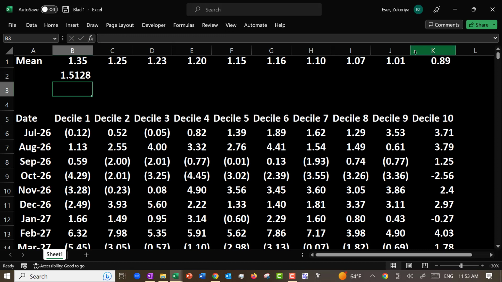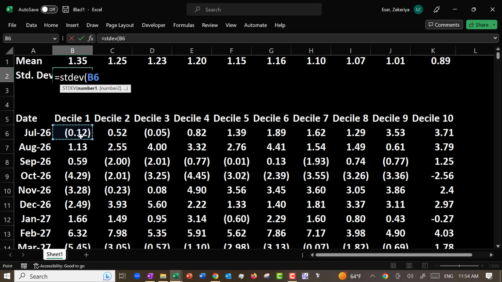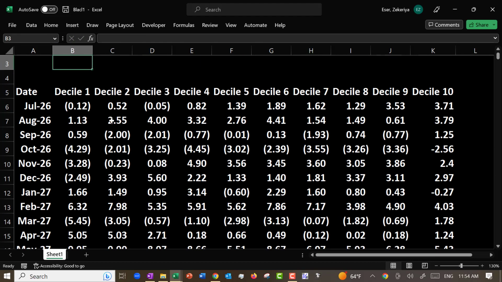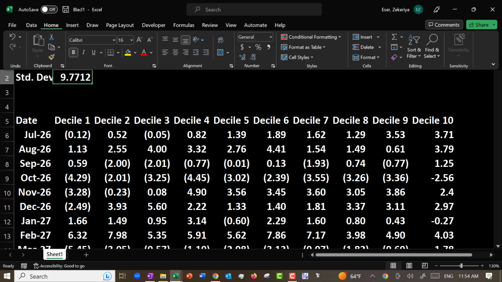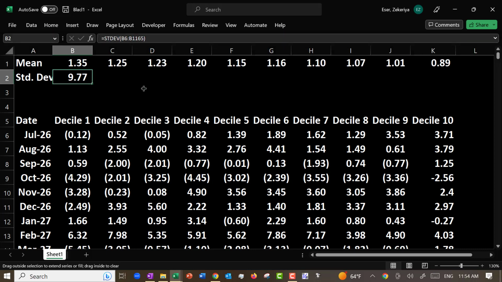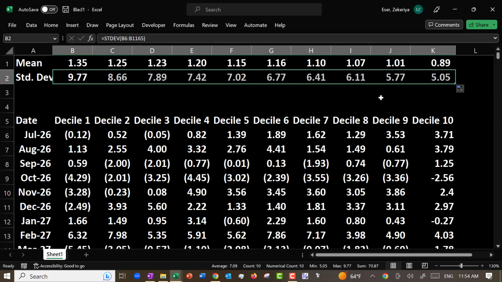Since we're going to need these as well, let's see. Standard deviation, using the function STDEV. Well, at least as far as the total risk is concerned, standard deviation, yeah, small cap stocks are much riskier.